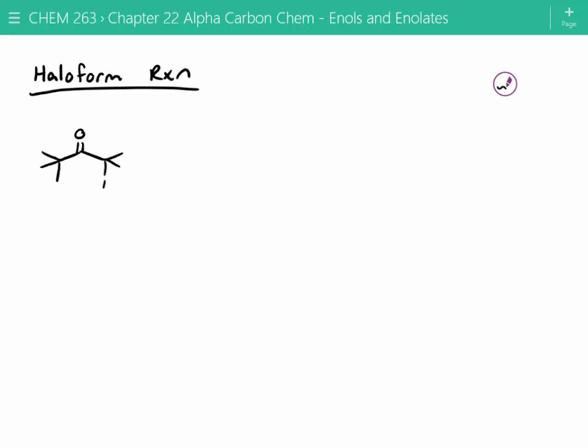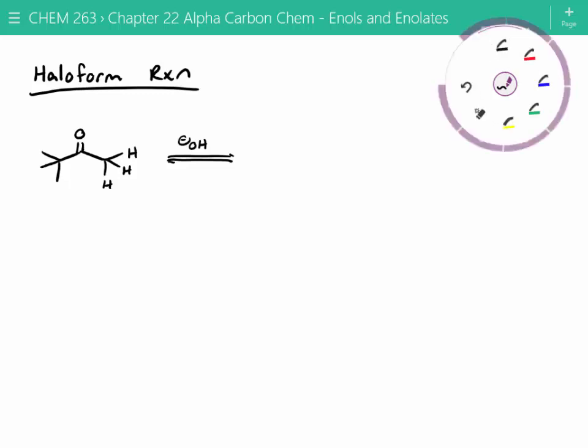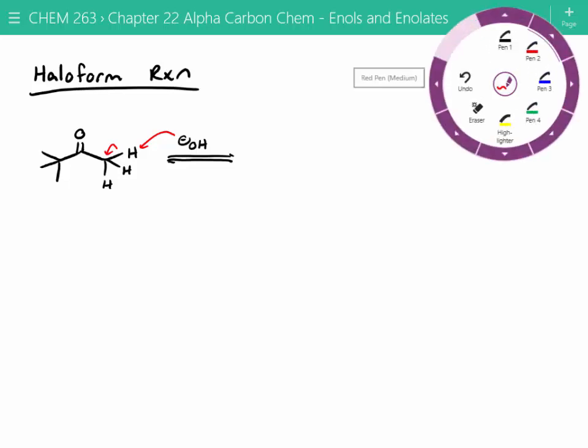And I'm going to draw in 3 hydrogens here. So in this reaction, it's kind of neat. I'm going to just draw one-way arrows, even though we know it's all under equilibrium. Screw it. I'll do regular arrows. We can take sodium hydroxide and deprotonate.